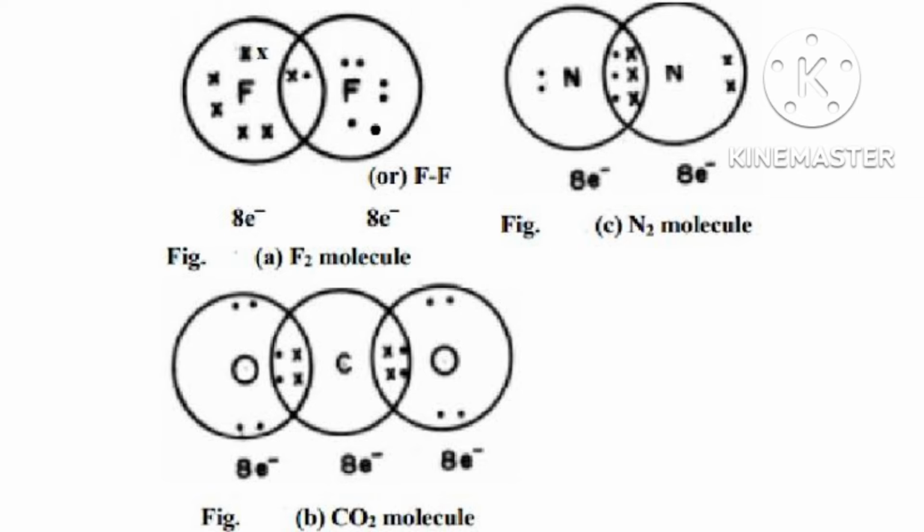Second fact: the formation of a negative ion from a halogen atom and a positive ion from an alkali metal atom is associated with the gain or loss of an electron by the respective atoms.